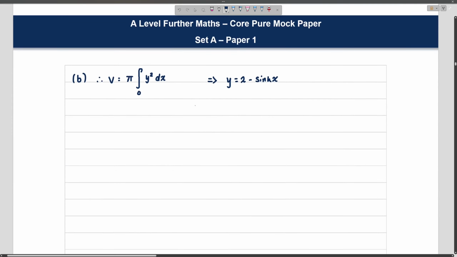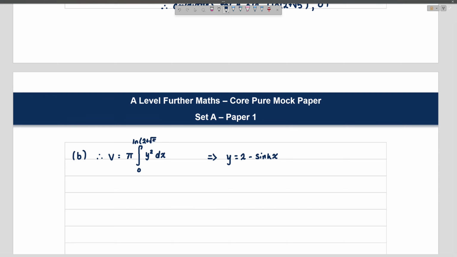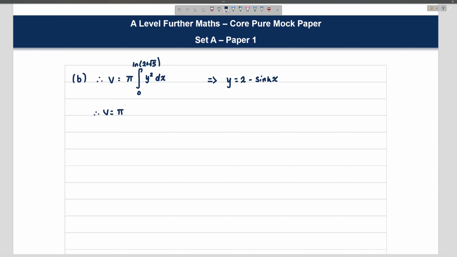So my upper limit is going to be ln of 2 plus root 5. Okay, like so. So y squared, let's write this underneath. So V, the volume, is equal to pi times the integral, again from 0 to ln of 2 plus root 5.